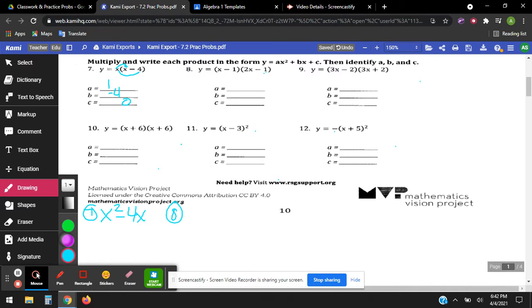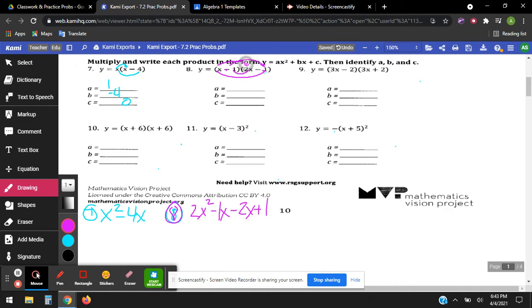Okay, 8. Let's do this one in purple. All right, so I'm going to multiply this one out. X times 2x is 2x squared. And then x times negative 1 is negative 1x. Then I'm going to take negative 1 times 2x, so negative 2x. Negative 1 times negative 1 is a positive 1.